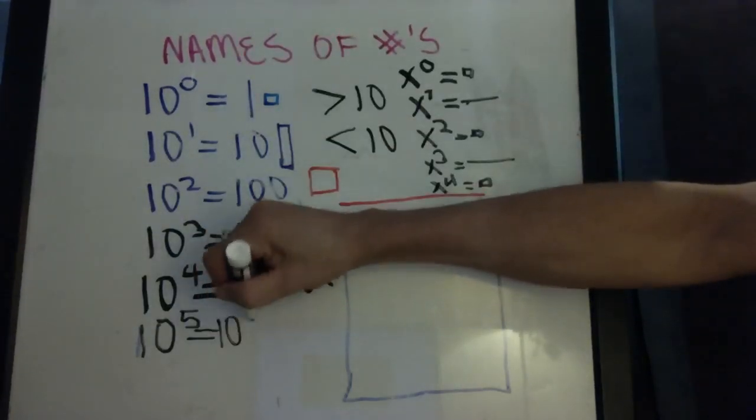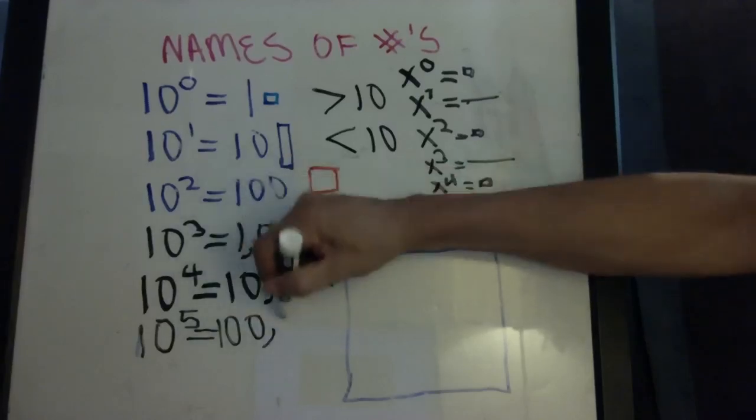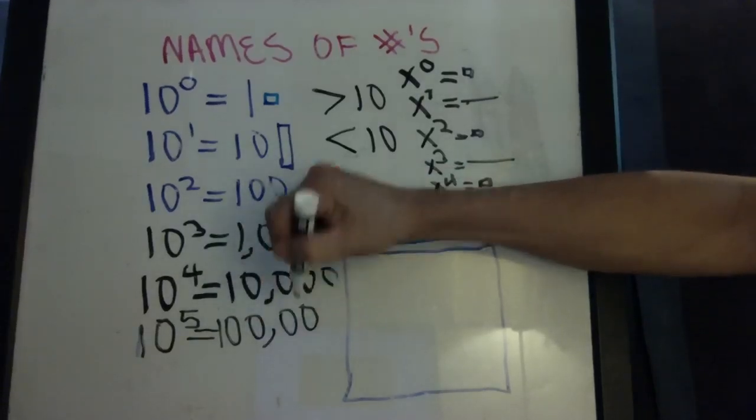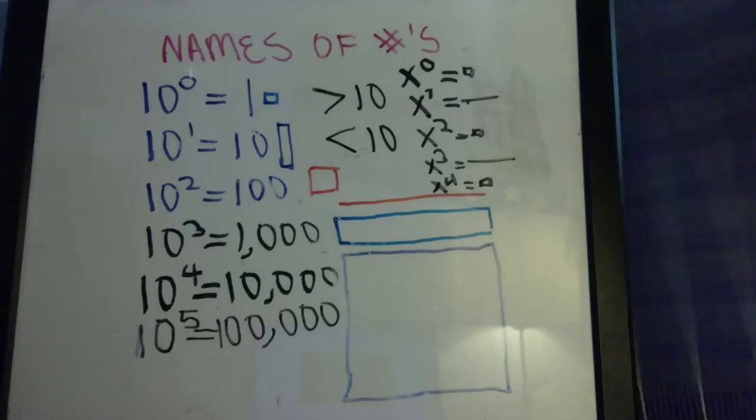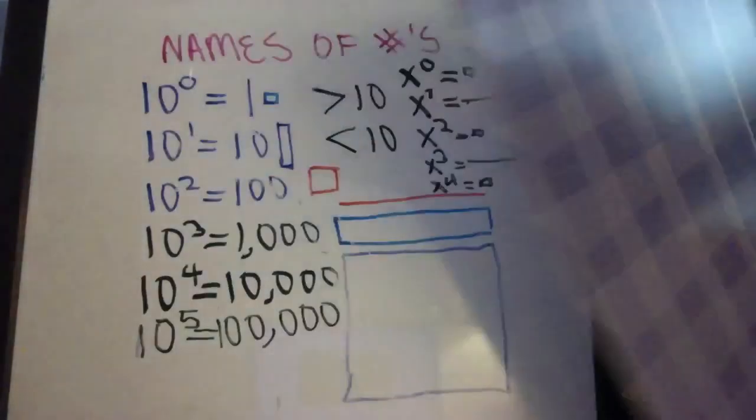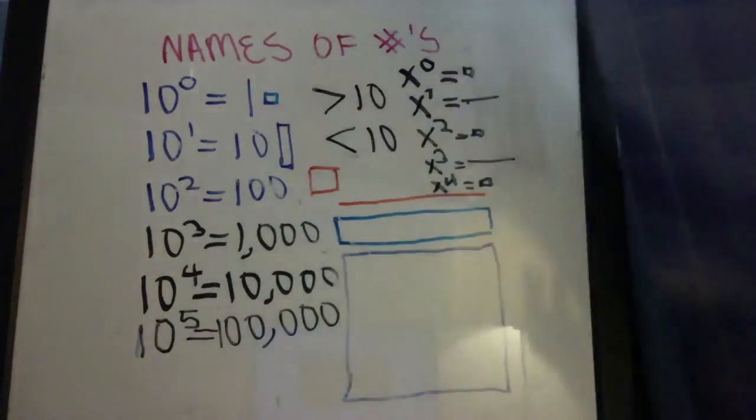But that would be 100,000. So you only need, what, 10 of them, right? So you have to get 10 of these guys to get to 100,000. And I should open it up. So now here's what you can do.